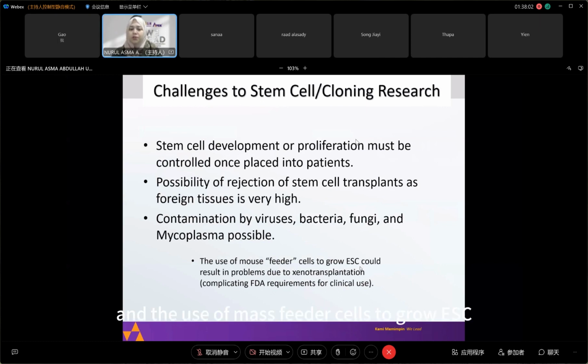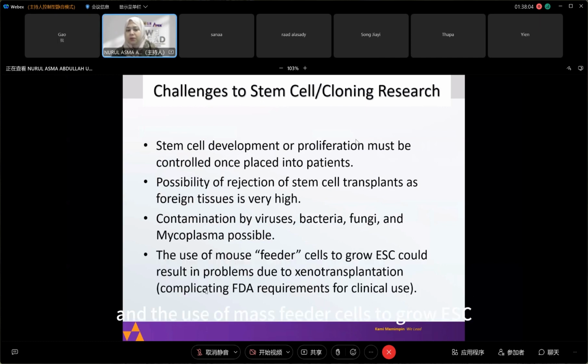And the use of mouse feeder cells to grow ESC could result in problems due to xenotransplantation. Some methods culture the embryonic stem cells using feeder cells. Feeder cells means that sometimes when you grow certain cells, you need to have other cells at the bottom as a feeder.